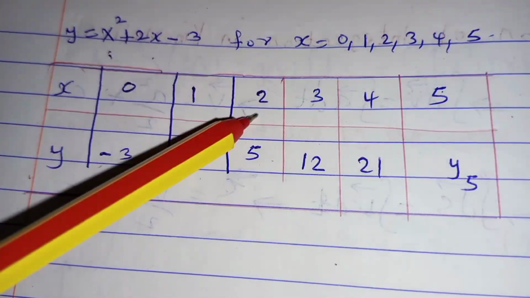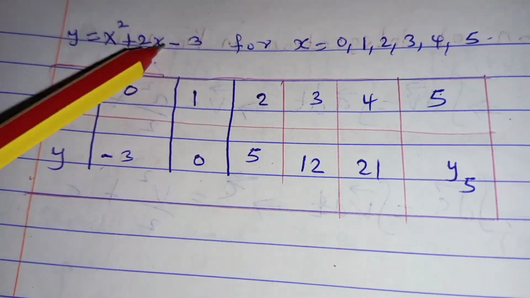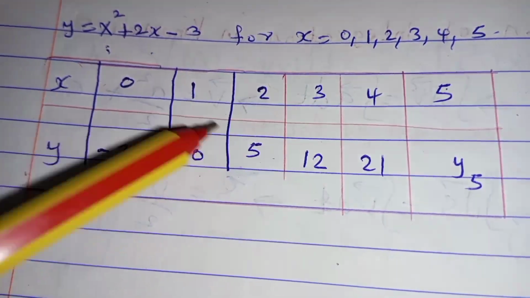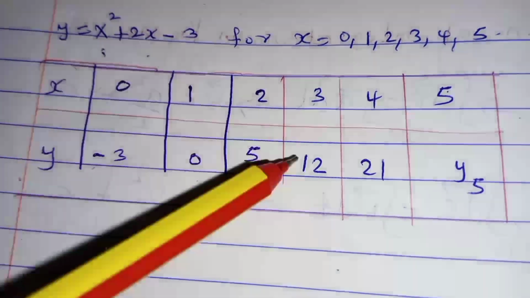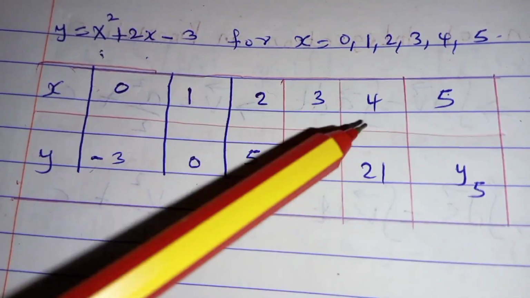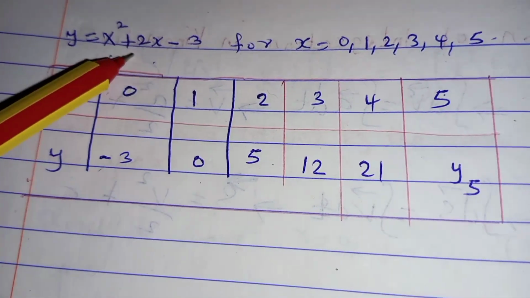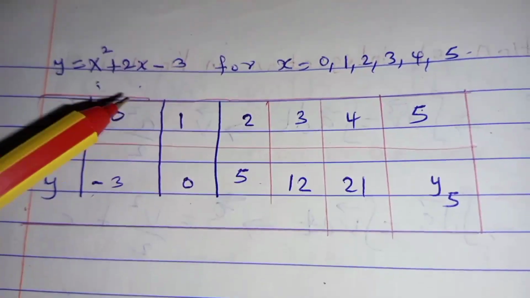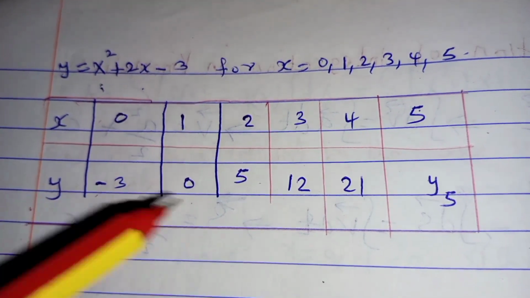When x is 2, y is 4 plus 4, which is 8, minus 3, 5. When x is 3, y is 9 plus 6 is 15, minus 3, 12. When x is 4, y is 16 plus 8 is 24, minus 3, 21. That is how the corresponding values of y are obtained.